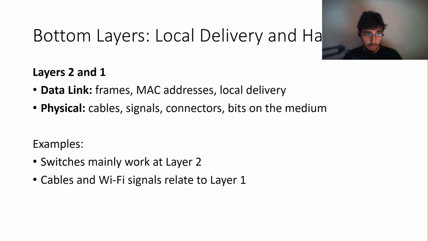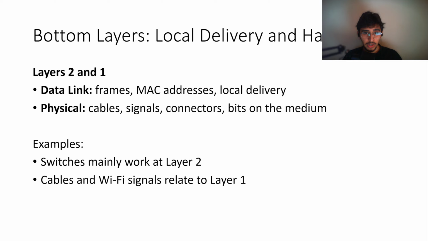So the bottom layers, which are the local delivery and the hardware. At the bottom, we have the data link and physical layers. The data link layer deals with frames, MAC addresses, and local delivery. This is where switches do a lot of their work.